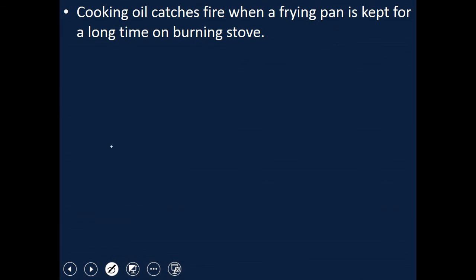All of you might have seen, or you can discuss this with your parents, with your mother. They will explain to you that cooking oil catches fire when a frying pan is kept for a long time on a burning stove. I just want to explain this point. When a frying pan is kept on a flame for a long time, the cooking oil catches fire. The reason is that the pan has become very hot, and when you pour cooking oil into it, it helps in attaining the ignition temperature of the cooking oil. So it catches fire.